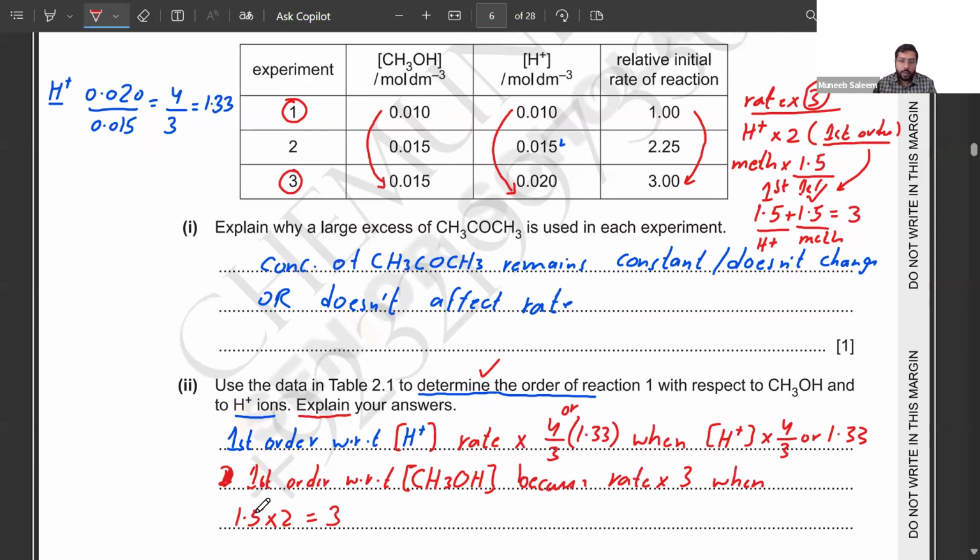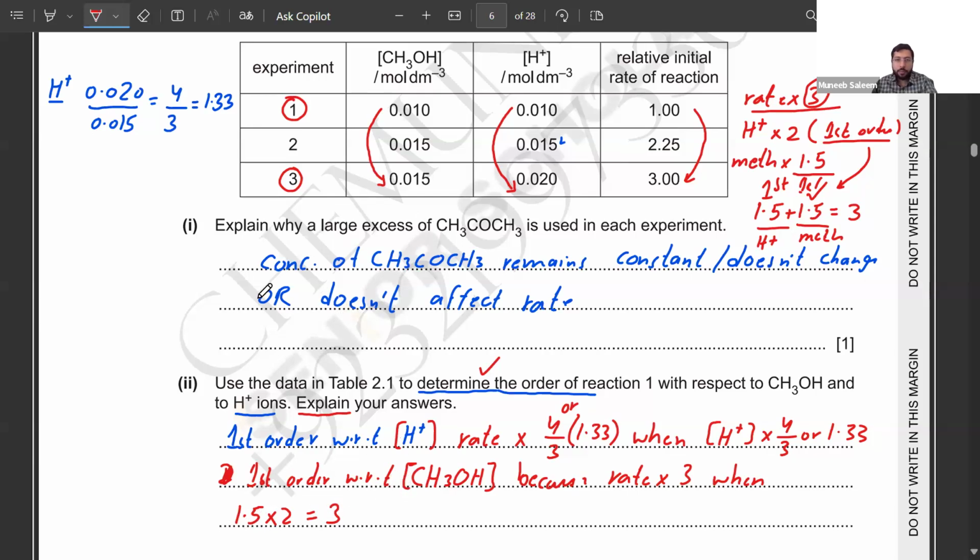So one part of the 1.5 comes from the hydrogen ion and the other part of the 1.5 comes from the methanol. So this is how you can give the answer. So hydrogen ion has given first order, and the methanol has also provided first order.